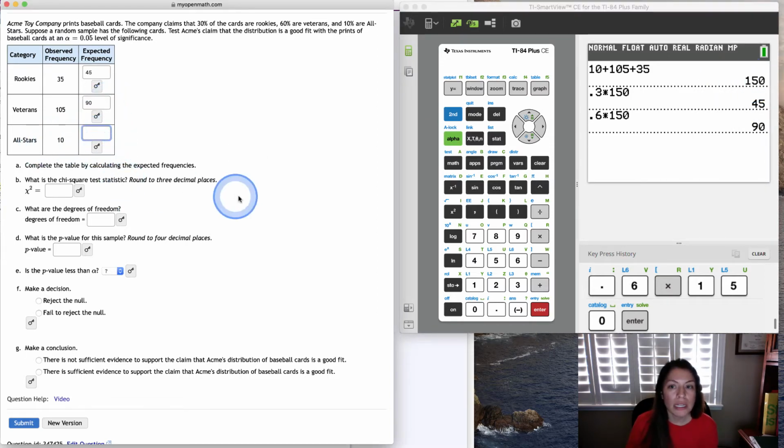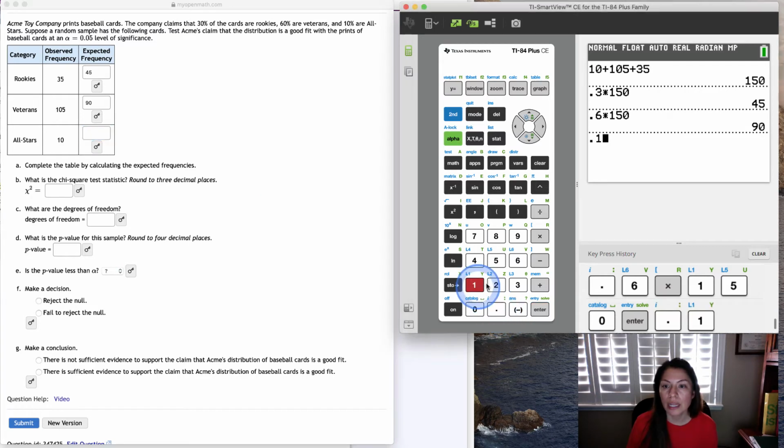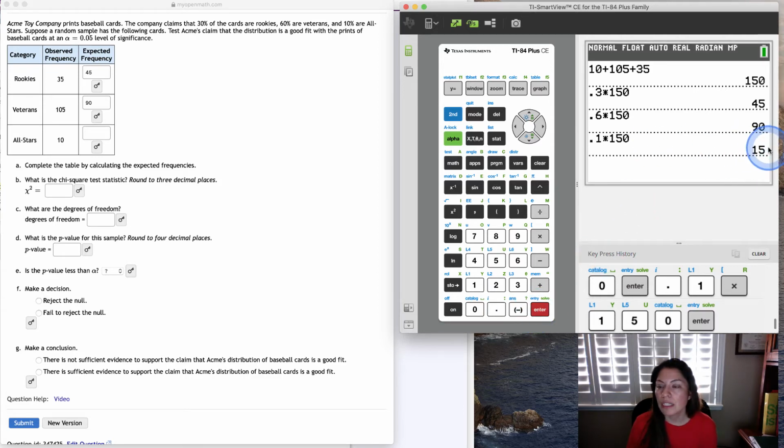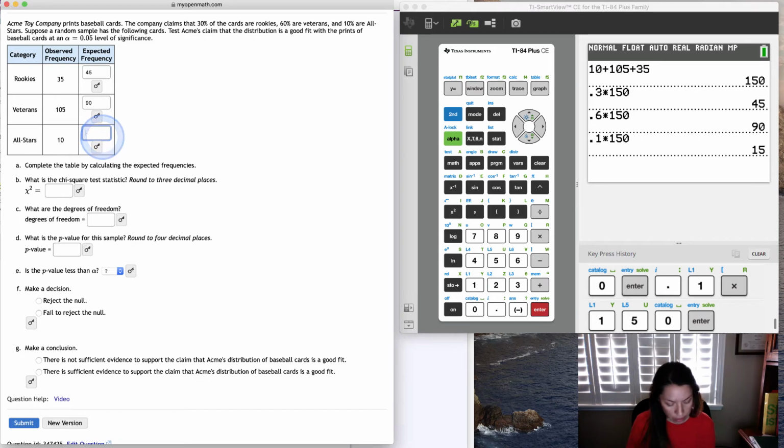And the last one, I expect 10% of the 150 to be all-stars, so I expected only 15 of this 150 to be all-stars. Okay, and I can see that all of the expected frequencies are larger than 5 and definitely greater than 1. So then we can go ahead and start conducting our test.